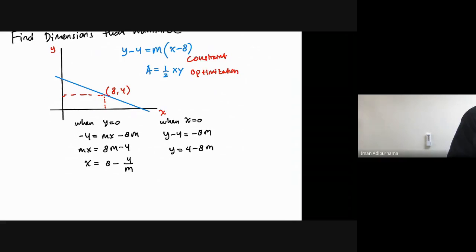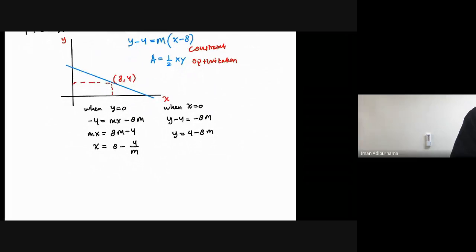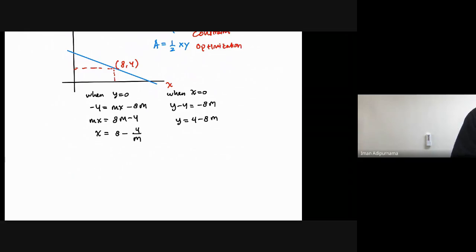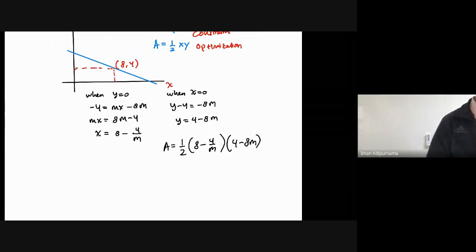Some of you are using x, but I'm using m as my variable. So A will be half, let's divide 2.